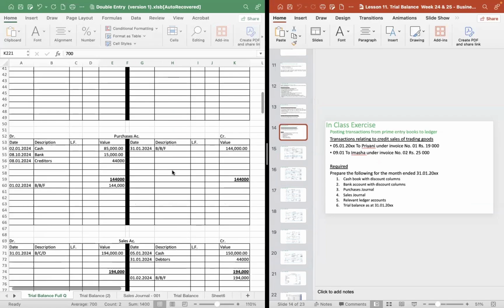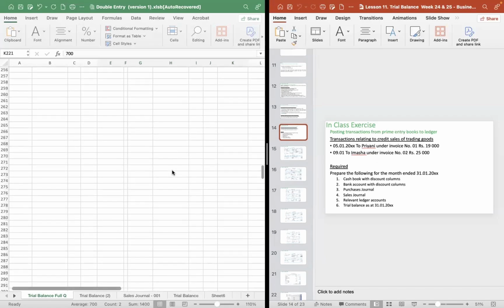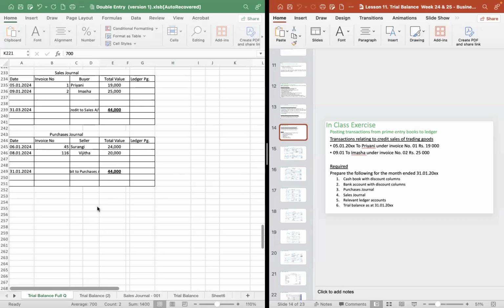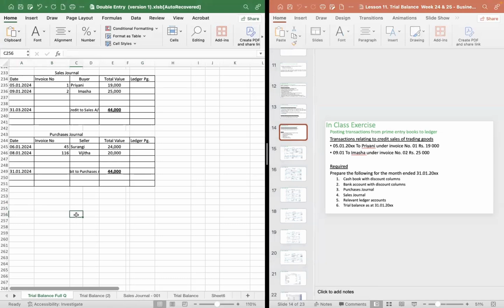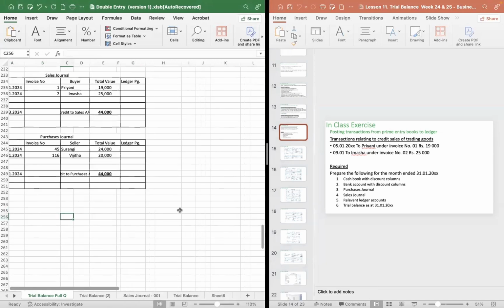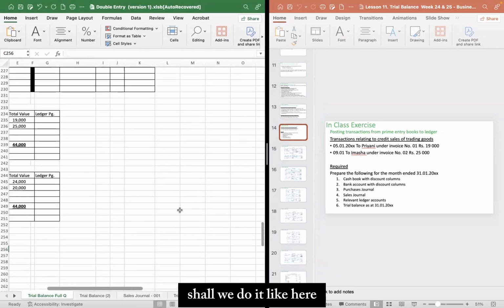දැන් අපිට කියනවා trial balance එක හදන්න. Right? It's asking us to prepare the trial balance. Shall we do it like here?